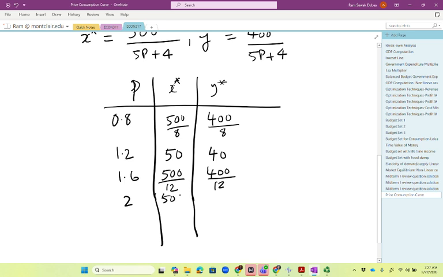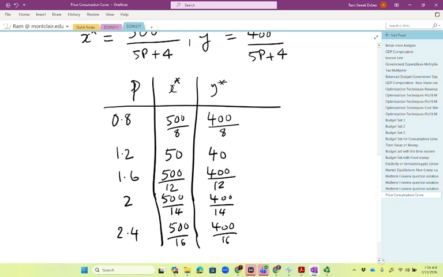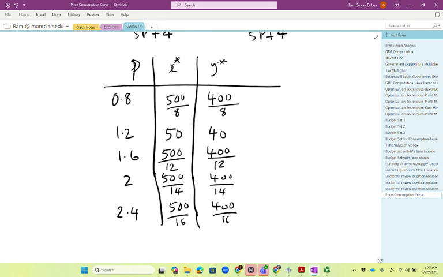My answers turn out to be 500 over 14, 400 over 14, and then maybe one more, 2.4. Price of good x is 2.4. The quantity chosen, 500 over 16, 400 over 16. And so now I have got enough information to be able to draw the price consumption curve.